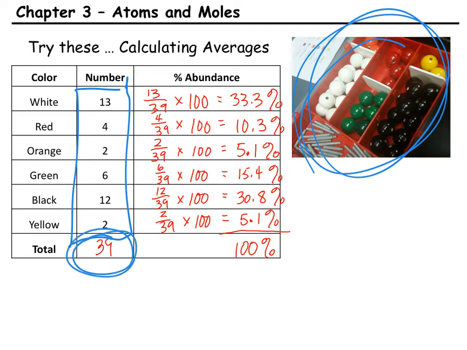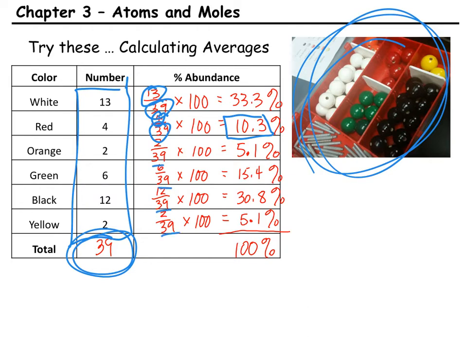So I could calculate a percent abundance from that. So 13 out of the whole of 39 times 100 means that 33% of the marbles are white. 4 out of 39 times 100 means that 10.3% of them are red, and so on. We could do that for each one of them. Notice that in each case we're dividing by 39.